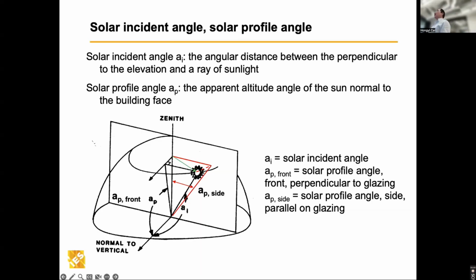The altitude angle, I mean the incident angle, is the angle between the incident sunlight and the normal to your window gradient, which is very similar to the incident angle we defined in the lighting class. For example, when you have a light bulb, like this one, although this is not on, if I plug it in, I'll have this light bulb on.